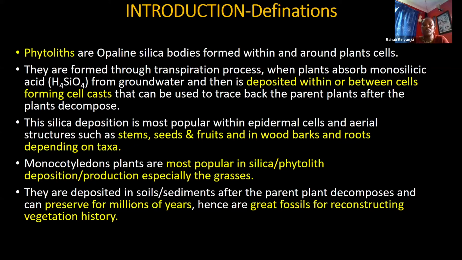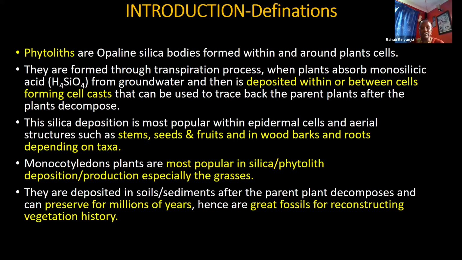We can differentiate grasses at different subfamily levels, which is a very nice and crucial opportunity for paleoecologists, because they are able to reconstruct grassland dynamics, which otherwise you wouldn't be able to reconstruct using pollen analysis, because pollen across the grass family is similar and very difficult to differentiate.